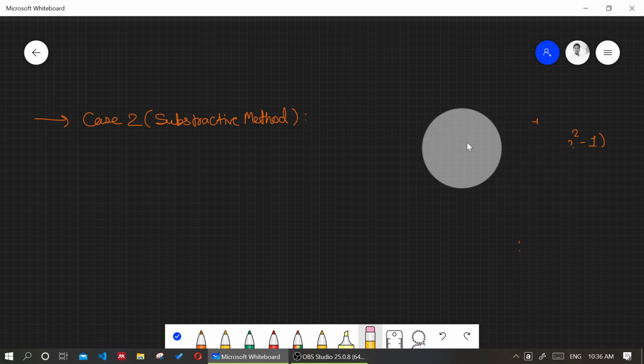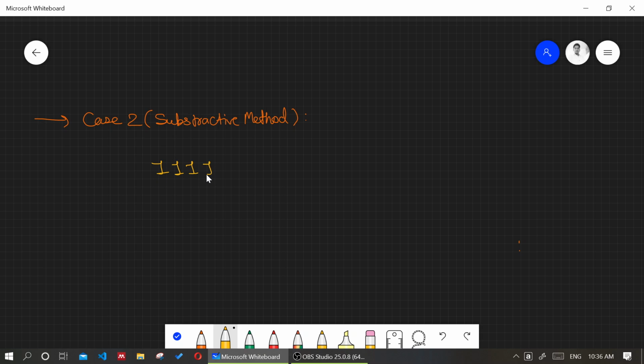Now let's take this method into action. Suppose you have the number 1 1 1 1 1 0 1 1. If you go for the additive method, then you have to do that many addition operations.